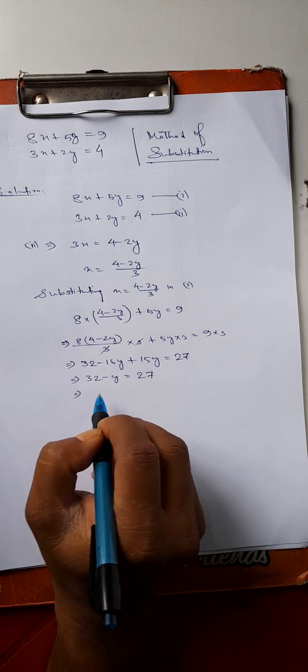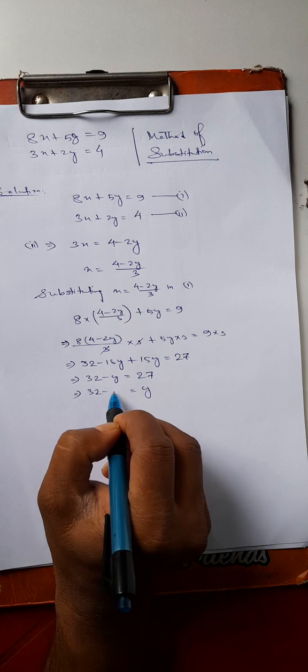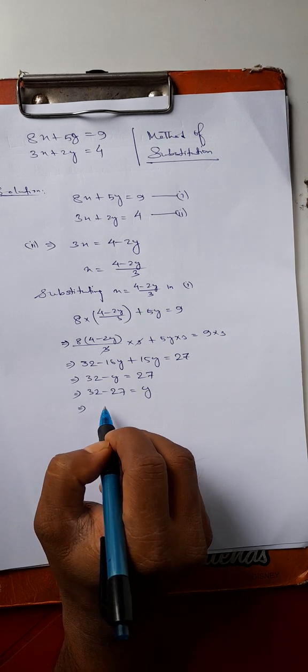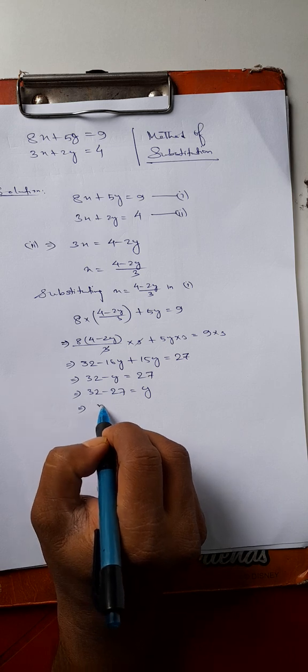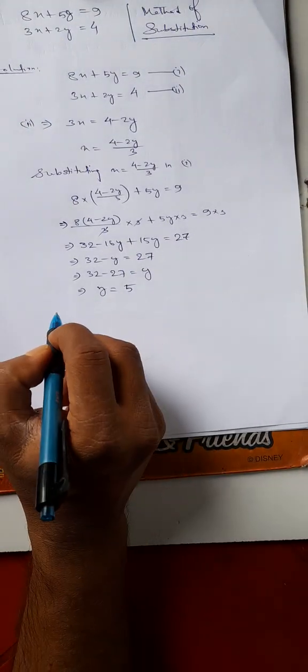Now transposing, variable to the right hand side, constant to the left hand side, you get y equal to 32 minus 27. So y equal to 5, right? Now we got the value of y. So what is x?